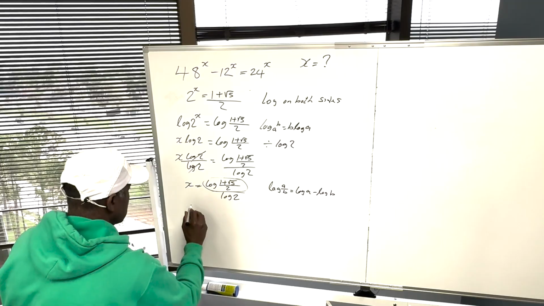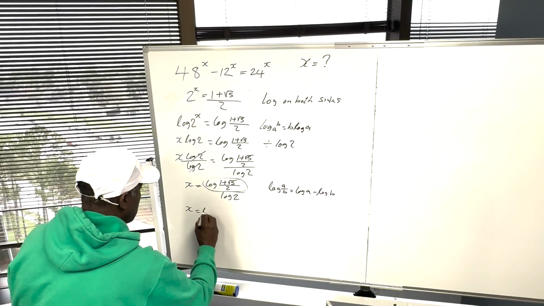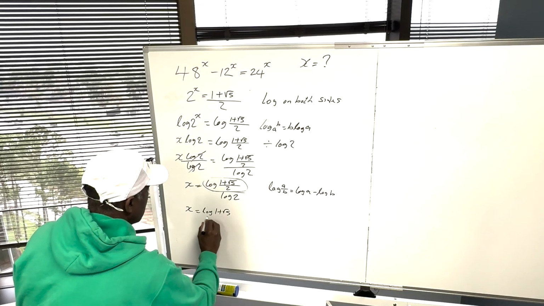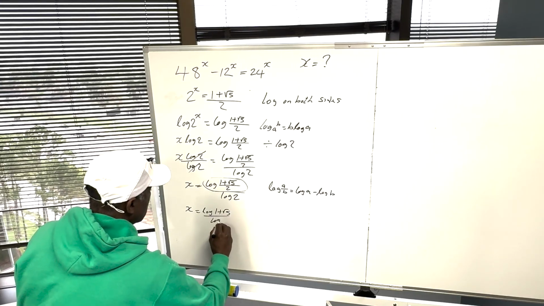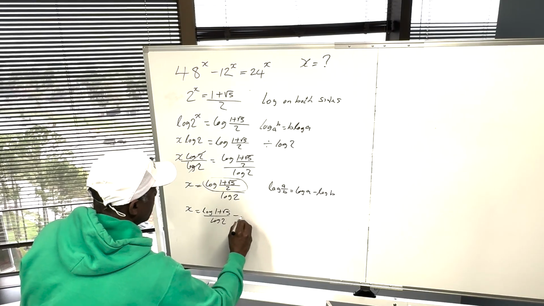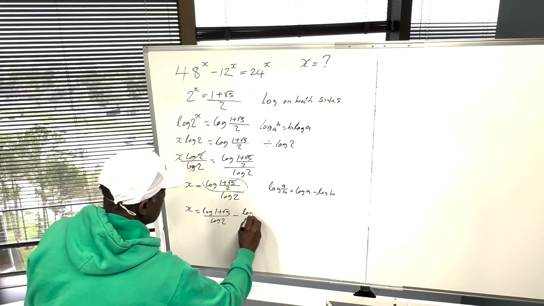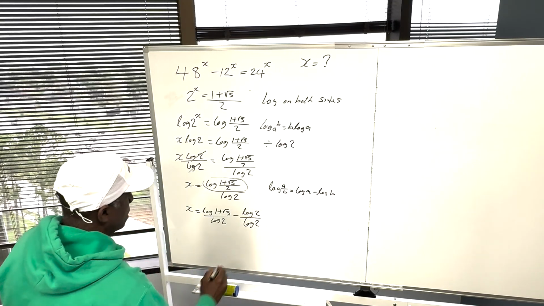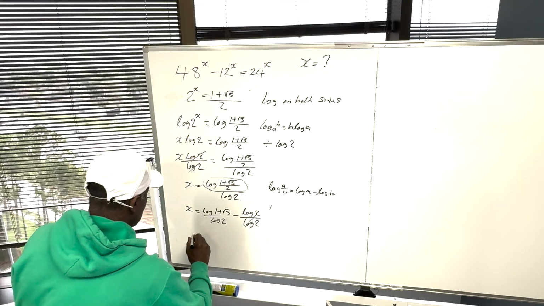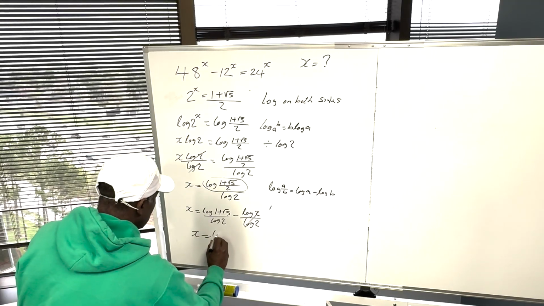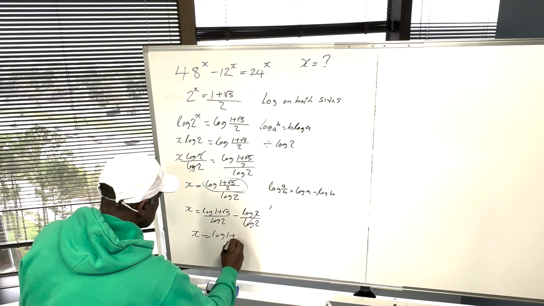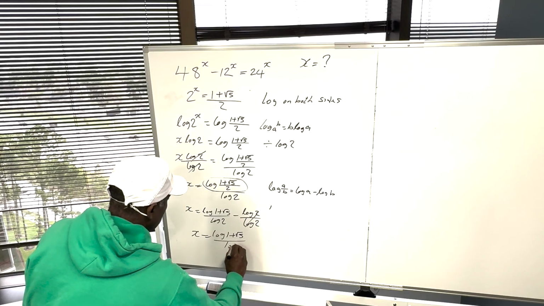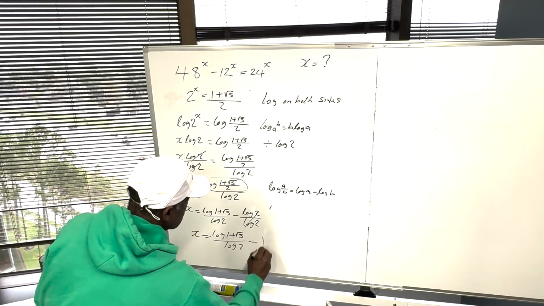We expand this to x is equal to log of 1 plus square root of 5 over log 2, minus log 2 over log 2. That becomes 1, and that now becomes x equal to log of 1 plus square root of 5 over log of 2, minus 1.